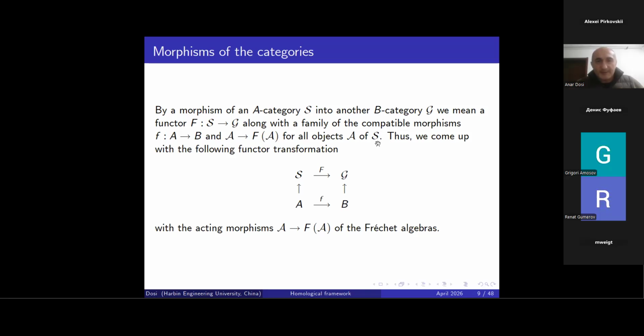This is a functor, but I also wish extra homomorphisms like A to F of A for all objects, and all of them should be compatible morphisms. If we have this, then we say that we have a morphism of this sort of categories over Fréchet algebras. This is our diagram, the functor here, the base, all compatible. That's a morphism.